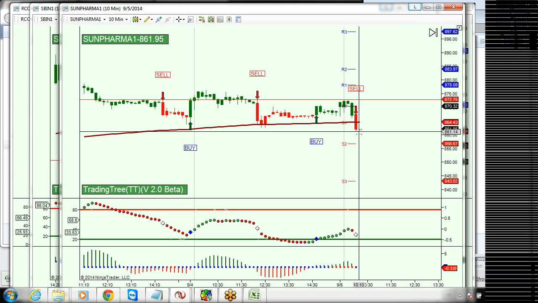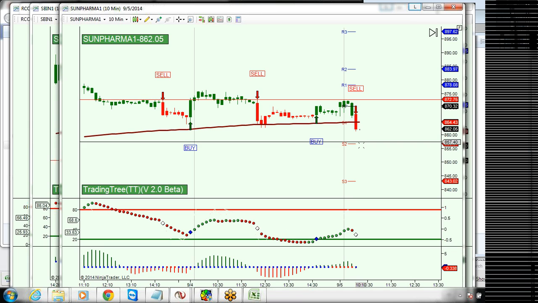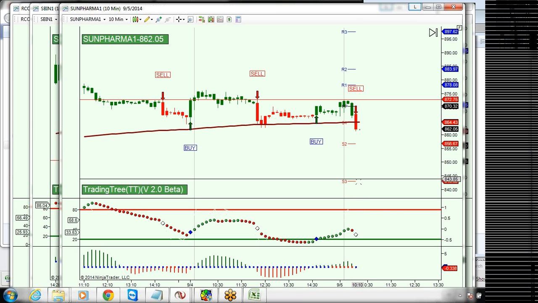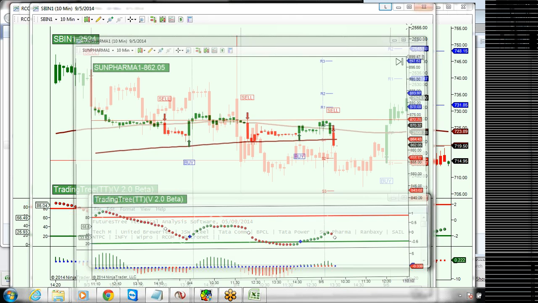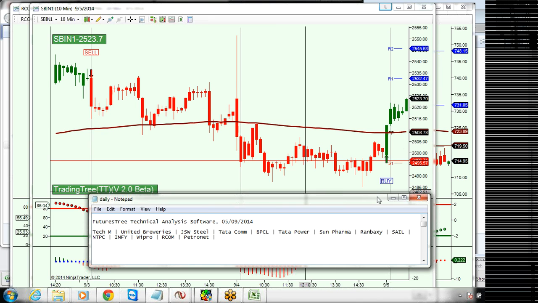You slightly place 1 rupee down below this. That is in case if you are ready to lose 500 rupees. Sun Pharma is 500 lot. So you just place at 860 and wait for your trade to trigger. So your first target will be your S2 and the second target will be your S3. So that is about Sun Pharma, and you have the stop loss also.